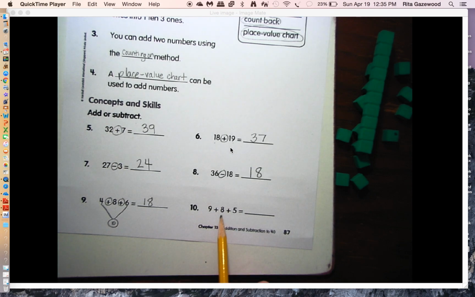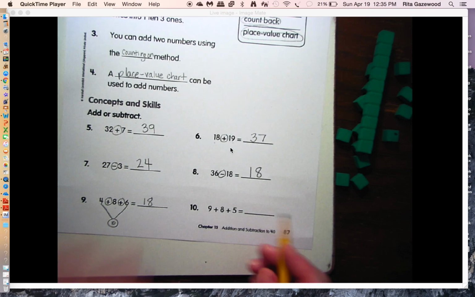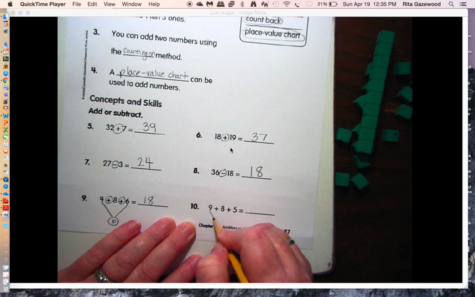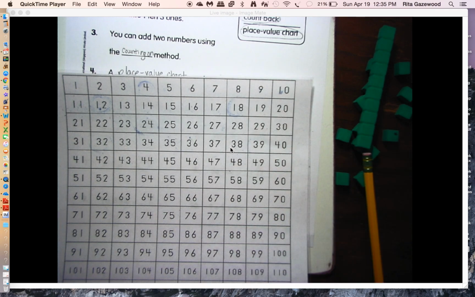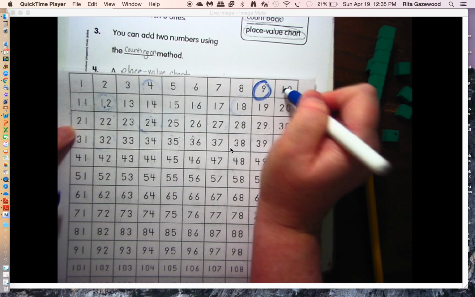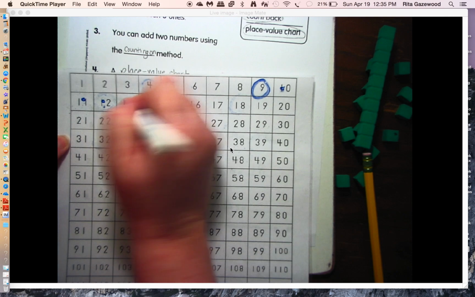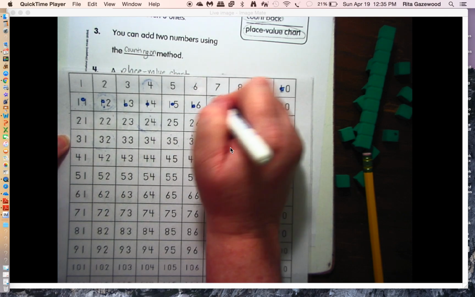All right, let's look at the next one. 9 plus 8 plus 5. You know what? For some reason, I'm just going to start with the big numbers. What do 9 and 8 make? Shall we use our counting on strategy? Okay, so start with 9. We'll count up 8. 1, 2, 3, 4, 5, 6, 7, 8.